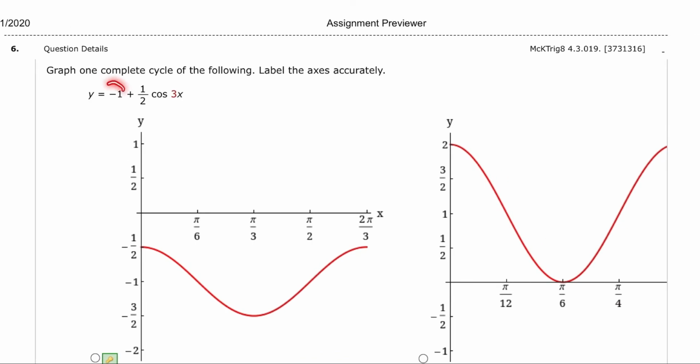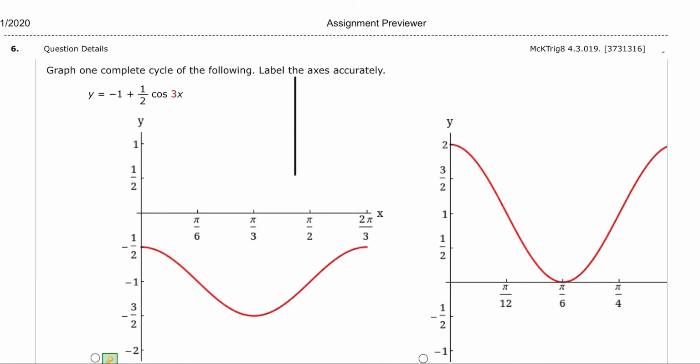All right, this one's going to shift down 1 unit, and cosine starts at the coefficient, positive 1/2. So we should start at positive 1/2, but then we're going to go down 1 unit. So if you start at positive 1/2 and go down 1 unit, you're actually going to be at negative 1/2 because you're translating it down.